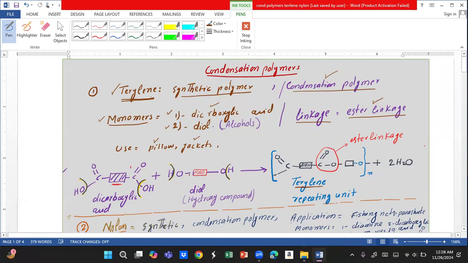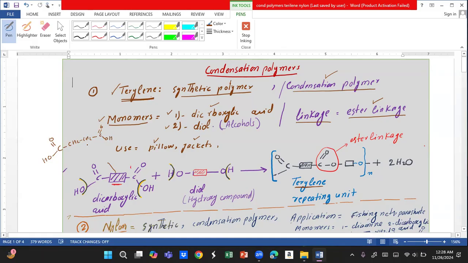Basically, in the paper, you will be asked block diagrams, but sometimes this box can be asked like this. This box may contain CH2 like this. You can be given the structure of the monomer like this. They will remove the box.